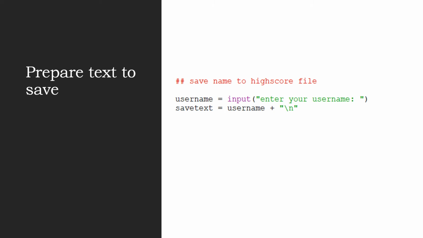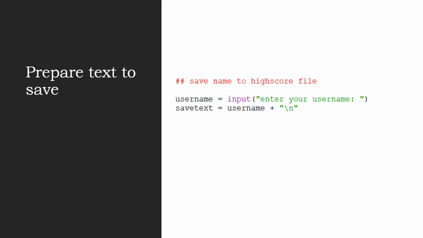Next, I need to get ready the text that I'm going to save to the text file. This might be many, many lines, but I've made a very simple program. I'm just asking the user to enter their username, and I'm saving it as a string variable called save text. And save text is going to consist of the username plus the new line character.